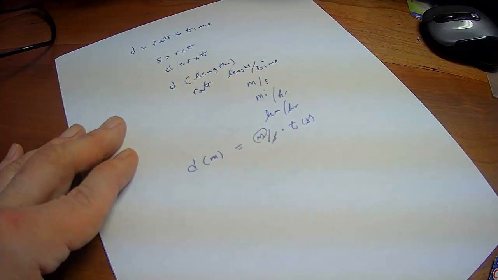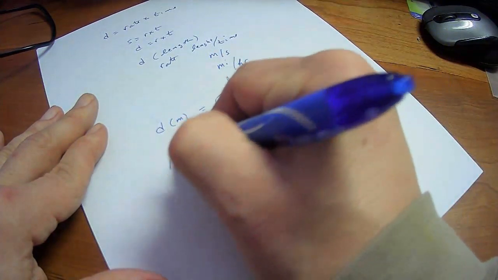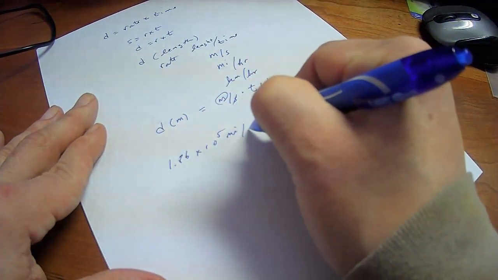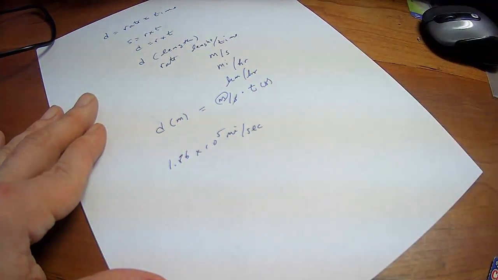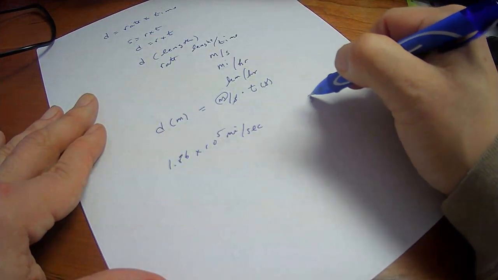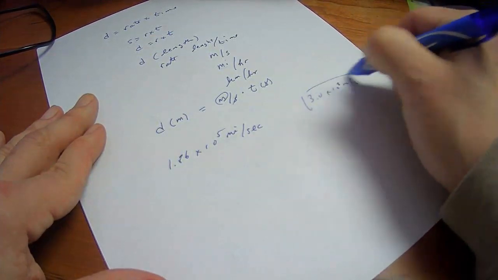It says light travels at 1.86 times 10 to the 5 miles per second, or 186,000 miles per second. In metric, that's 3.0 times 10 to the 8 meters per second, if you happen to be interested in the speed of light.